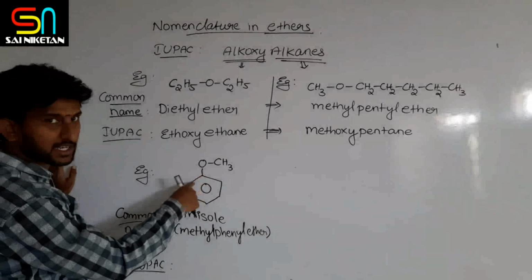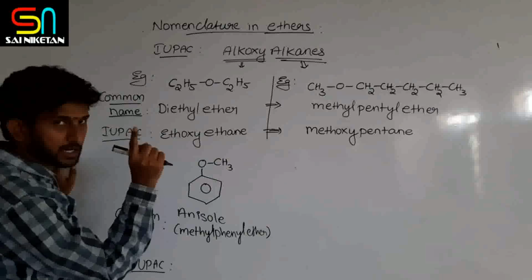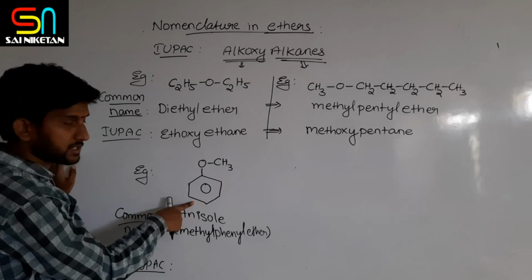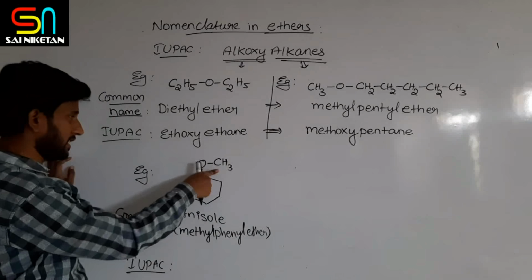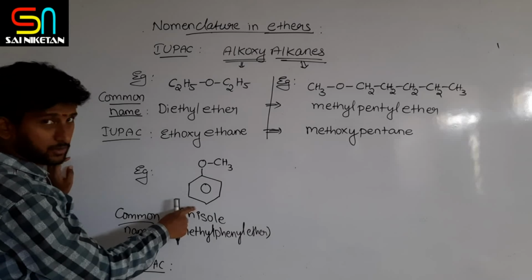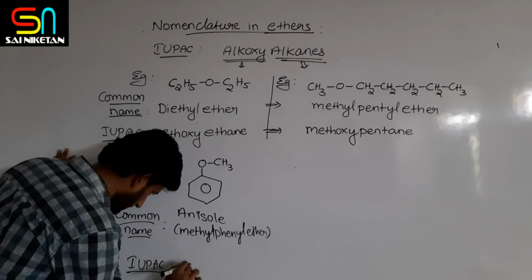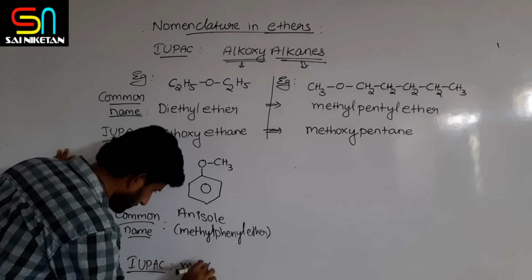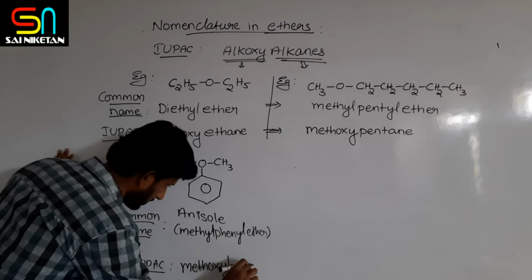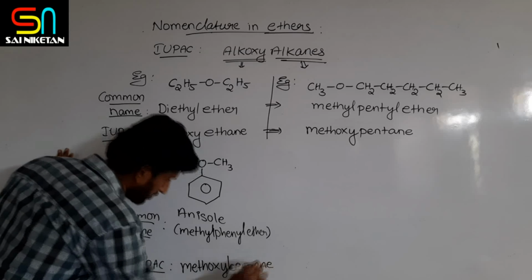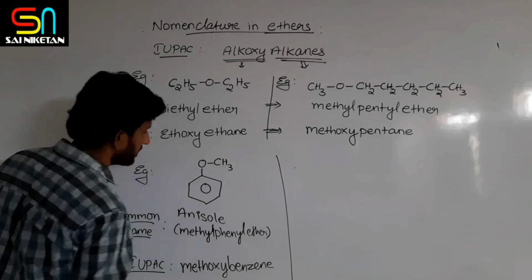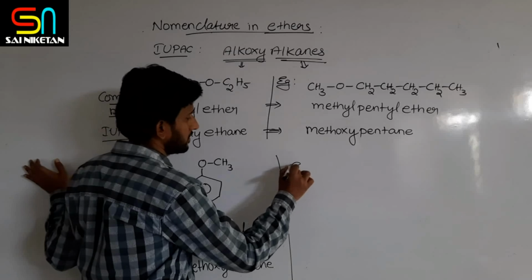Benzene has C6 carbons. Here methyl is 1 carbon. So the smaller group is methyl, the bigger group is benzene, right? So the IUPAC name must be methoxy benzene. So the IUPAC name is methoxybenzene.